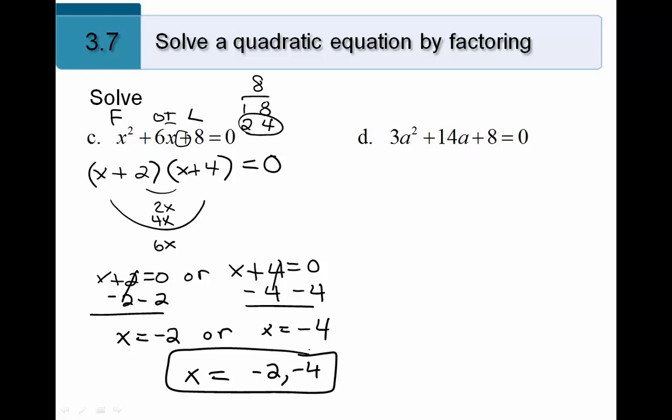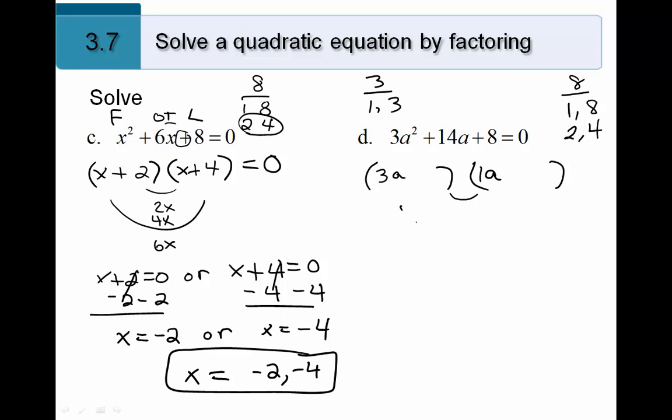D, 3a squared plus 14a plus 8 equals 0, is also already written in standard form, but we do need to factor it. Factors of 3 are just 1 and 3. So we know 3a multiplied by 1a is 3a squared. My factors of 8: 1 and 8, or 2 and 4.